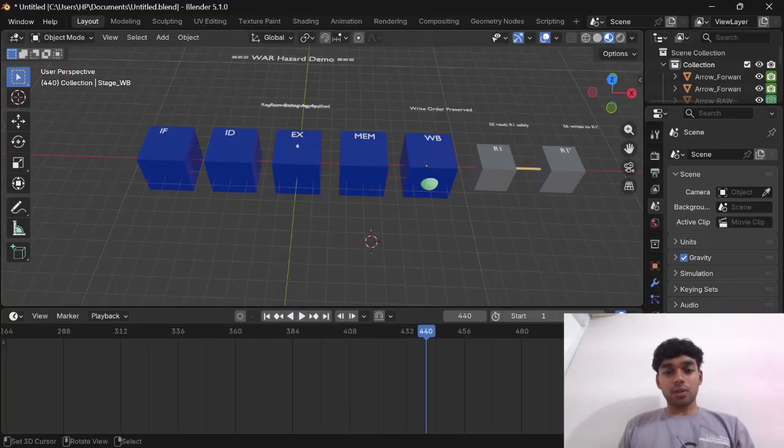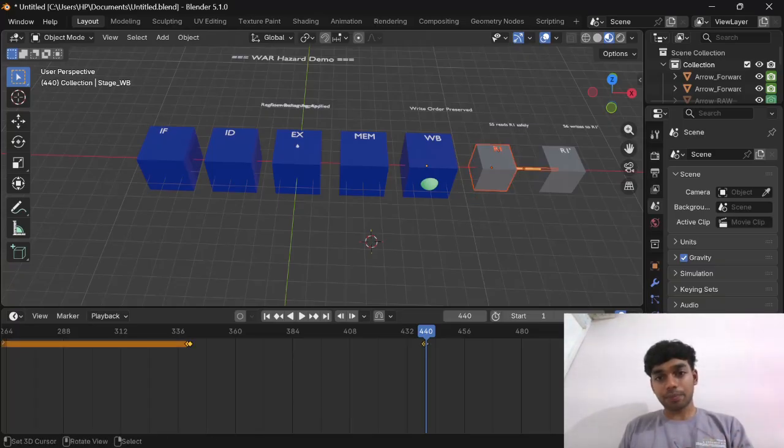The solution to this dependency is, when the first instruction is reading from the registers, it reads from register 1, R1, this one, and at the same time if the second instruction wants to write something, it writes in this one, R1 dash. This concept is known as renaming, register renaming.